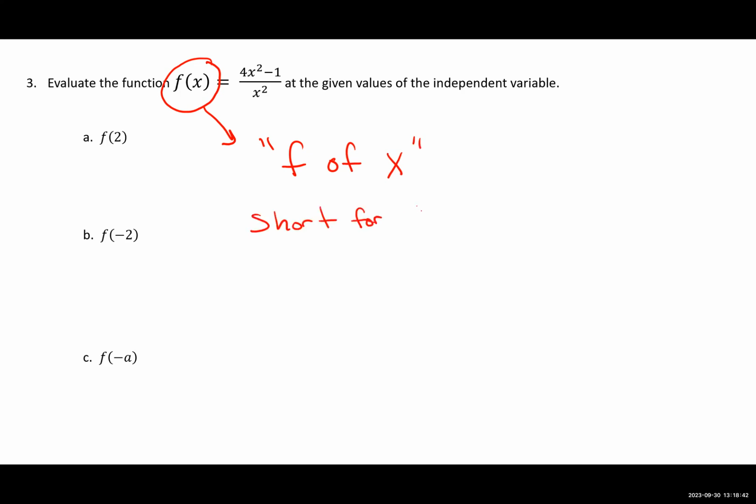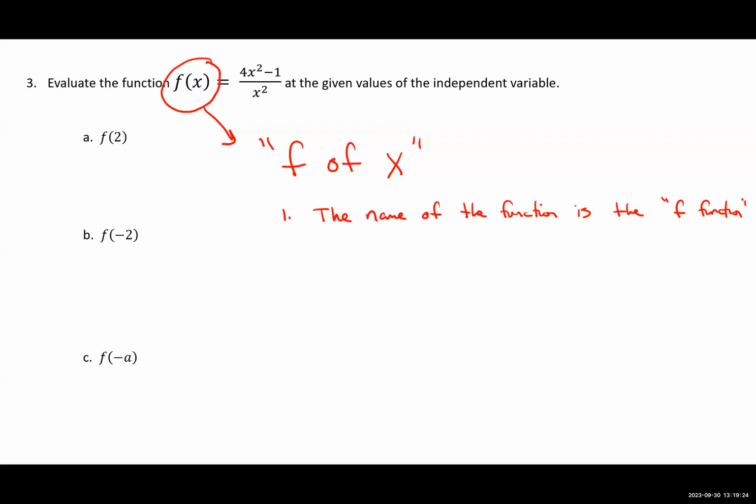short for function of x. Well, we don't have to use the word f. The letter f doesn't mean function, but it's a function of x, right? So what that is saying, two things. One, the name of the function is the f function.